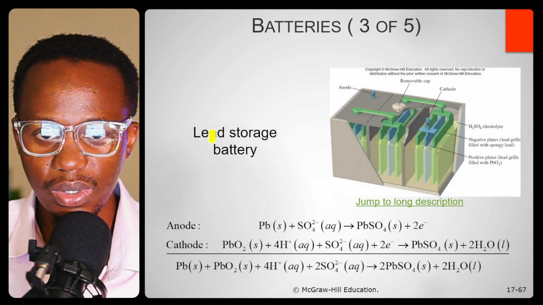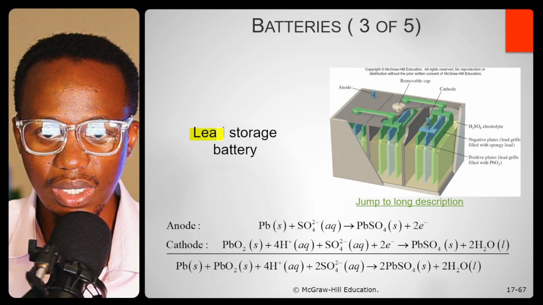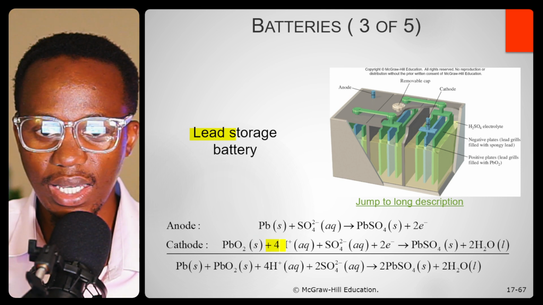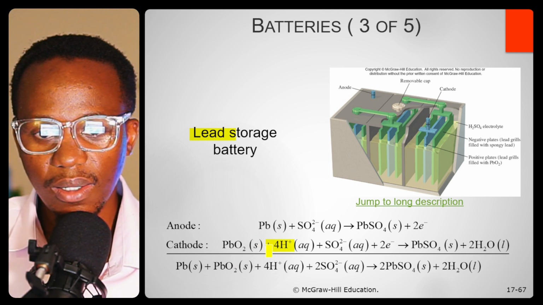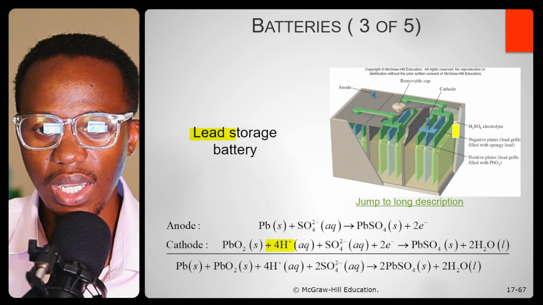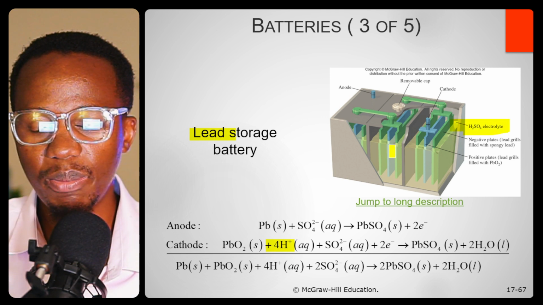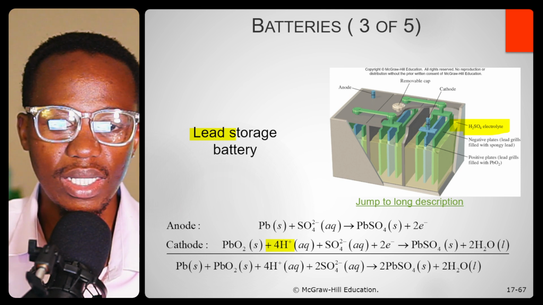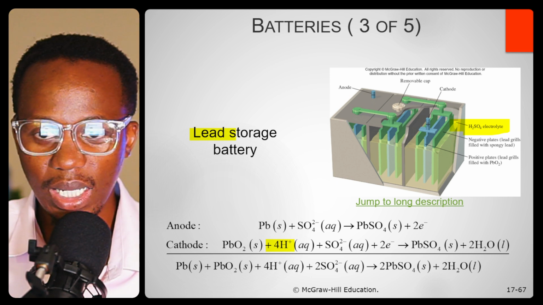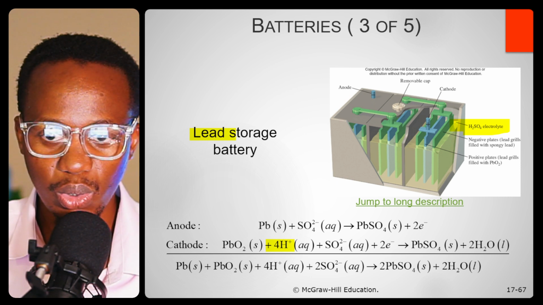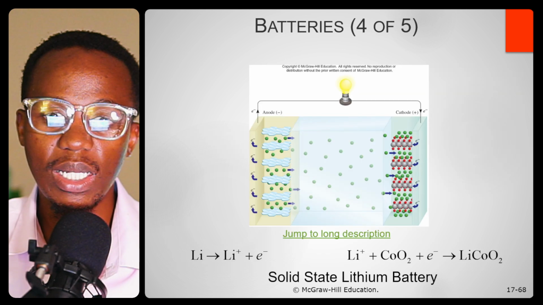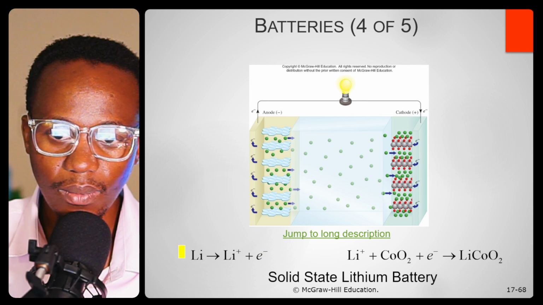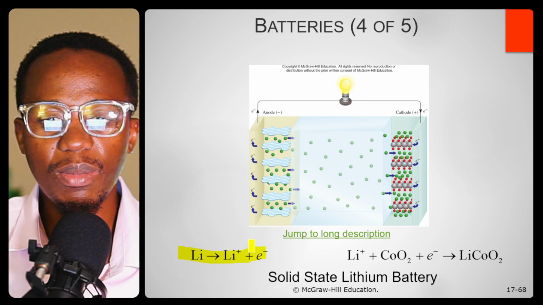A car battery, for example, same thing. It uses lead, and battery acid is in there as well, sulfuric acid. So H2SO4 is the battery acid. So your car battery is most likely going to use lead. But again, anode, cathode, solutions, movement of electrons, same idea. So lithium ion battery, this is different.